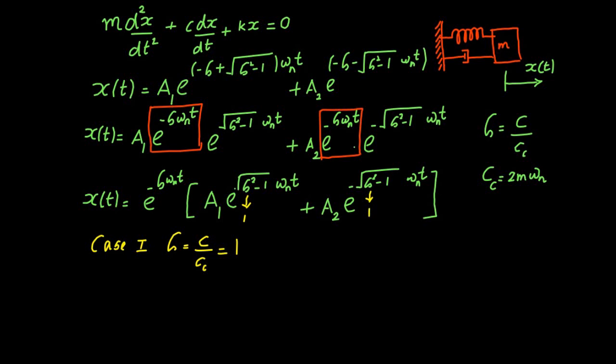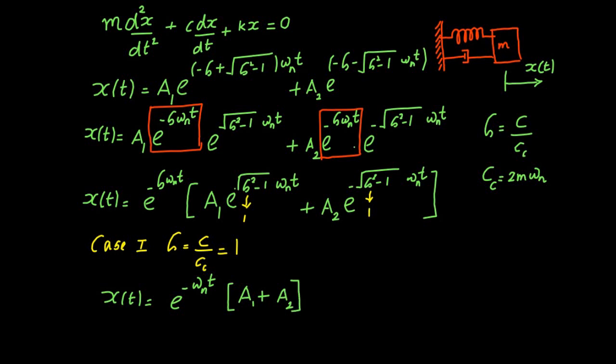So the expression reduces to the form x of t is equal to e raised to the power minus, now eta is equal to 1, so it becomes minus omega n into t, into a1, anything power 0 is 1, plus a2 into anything power 0 is 1. So you are getting a sum of two constants.